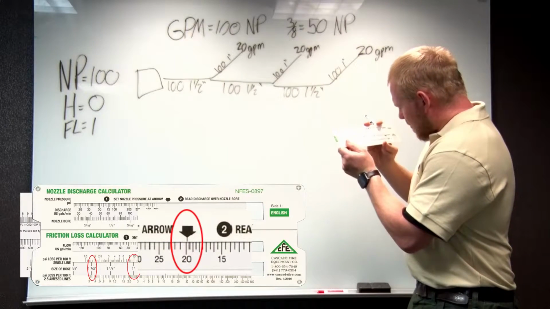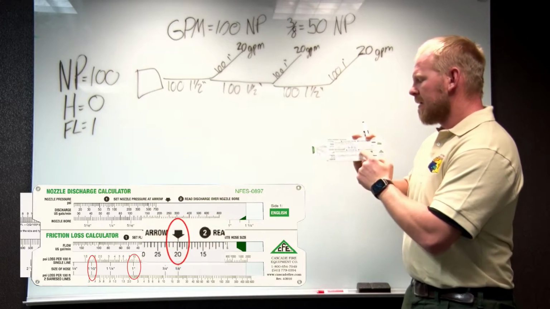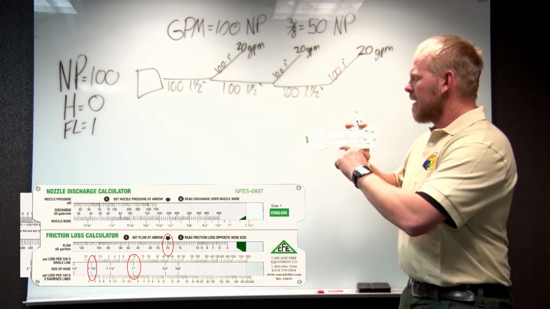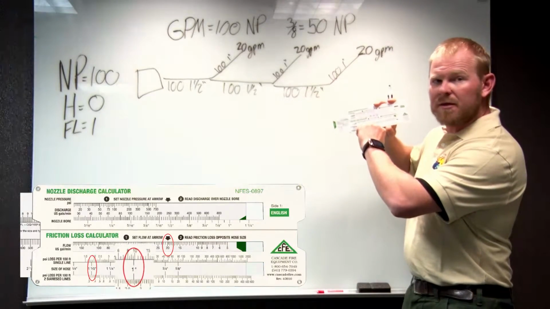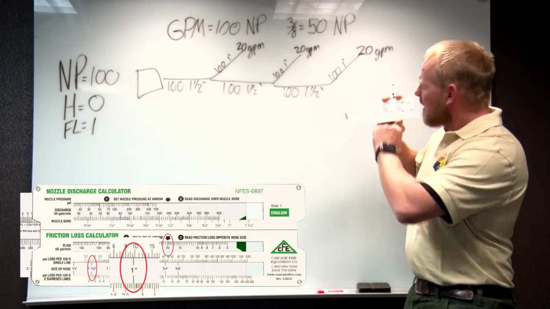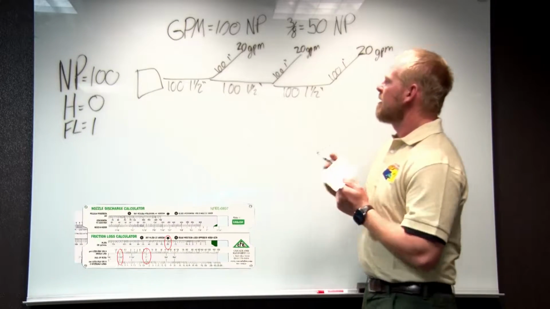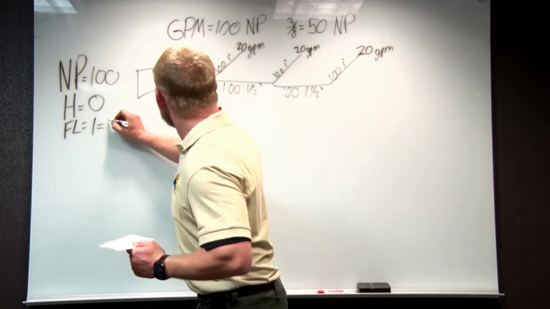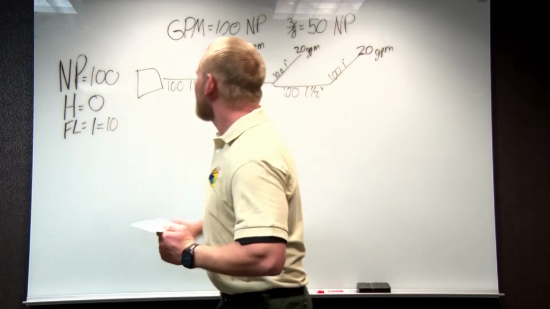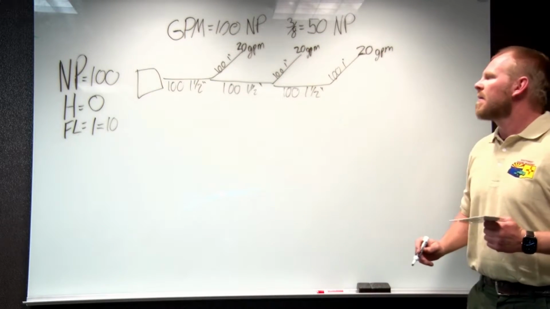You set 20 on the middle row, and it's 1 inch hose, so you correlate that with the number below it. Look at 1 inch hose, and it's shown on 10. So my friction loss for 1 inch hose with 20 gallons per minute going through it is 10. I'm going to go ahead and put that right there.